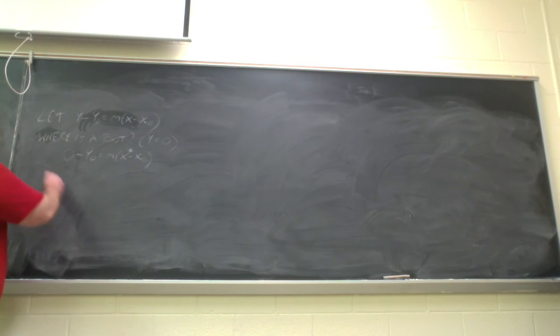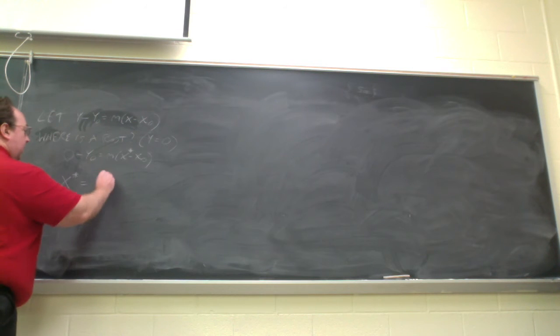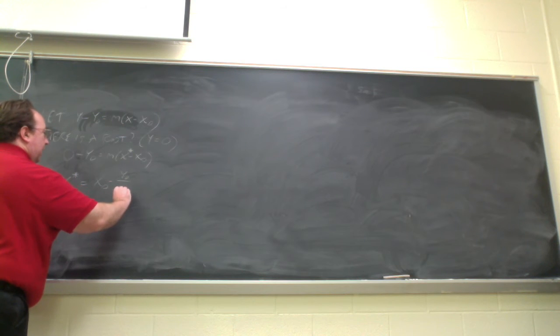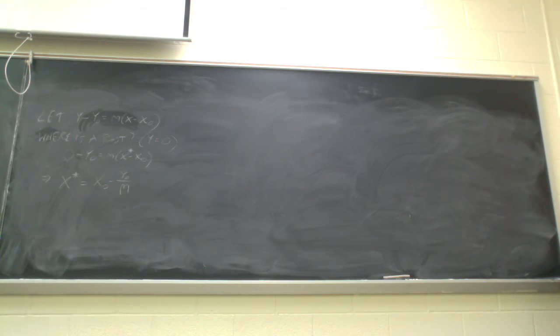So what is the root going to be if we just go ahead and solve that? x naught minus y naught divided by m. Now, what has to be true of m for this to be valid? Yeah, we need it to be non-zero.